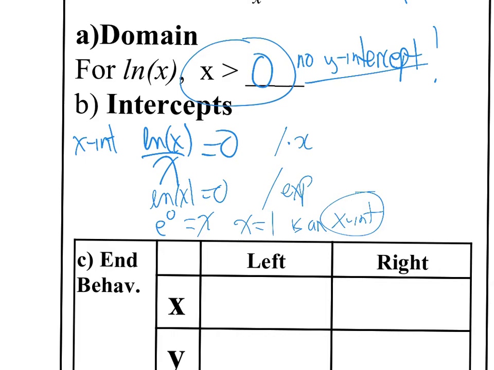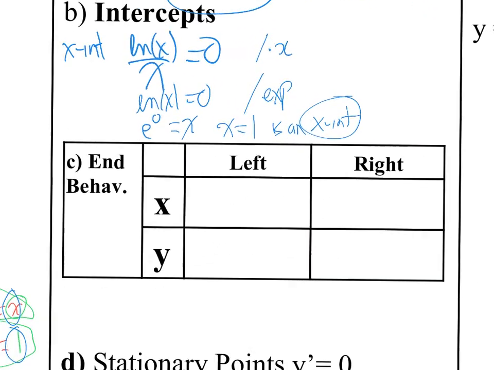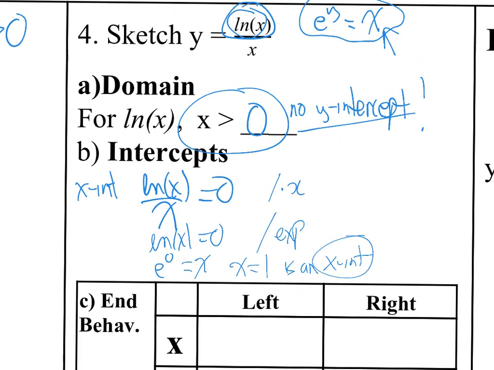Okay, so we have our intercepts and our domain. Again, we need to check domain anytime there's a restriction on x values.